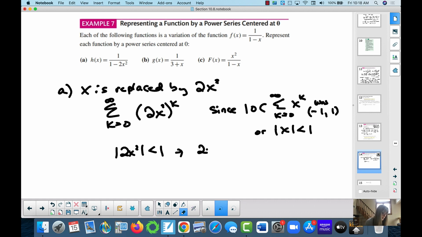So this becomes 2x squared is less than 1, or 2x squared is greater than -1. Solving that gives us x is less than the square root of 2 over 2 when I simplify, or x is greater than negative square root of 2 over 2. So those are my endpoints.